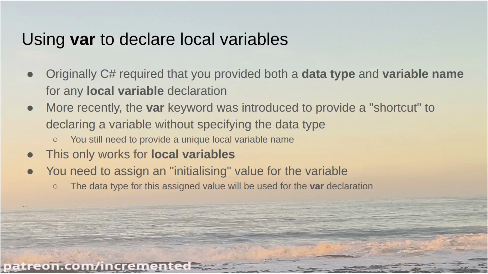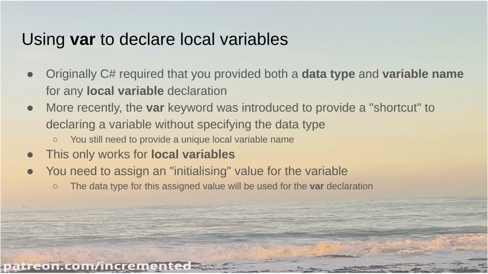And over time, the C# development community decided that they should introduce the var keyword, VAR, to allow us to declare variables in our C# apps for which we need to give a unique name, but we don't need to specify the data type, because the data type can be inferred from the value that is provided or assigned to the variable.